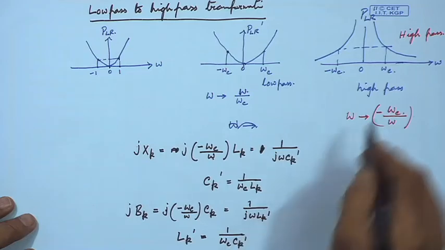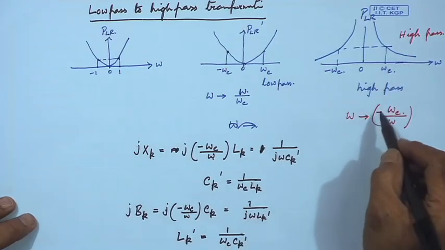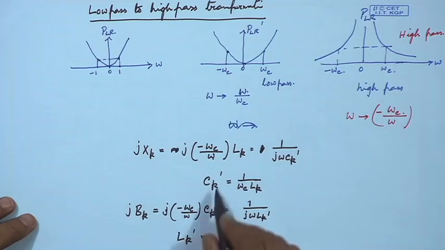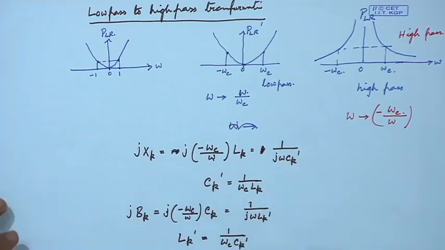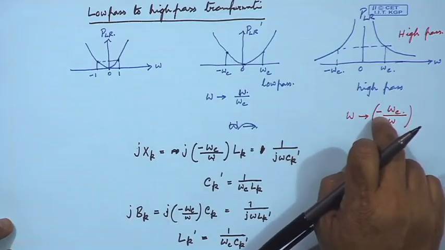You can easily check that if I had not taken this minus, then L k dashed and C k dashed would be negative. That will create a problem, because C k dashed and L k dashed component values always need to be positive, otherwise the corresponding reactances may become negative. To make it realizable, we need to add this minus sign.